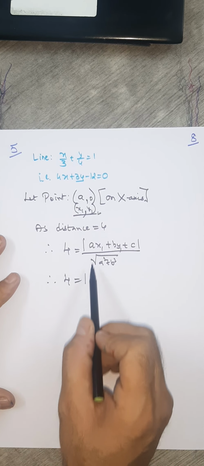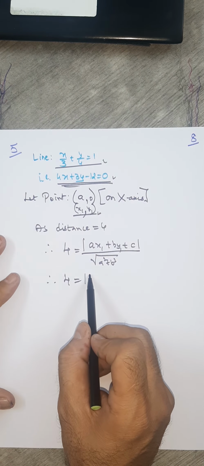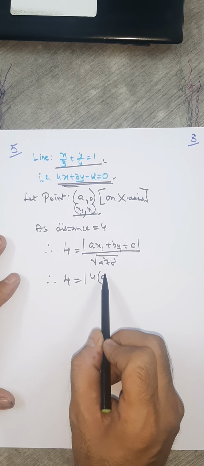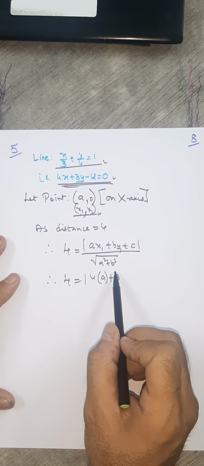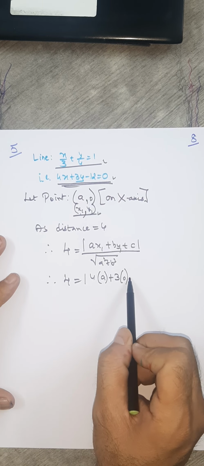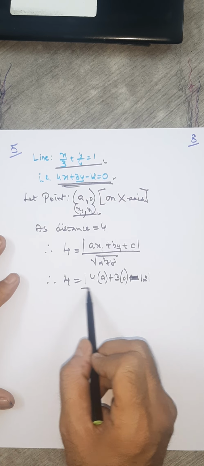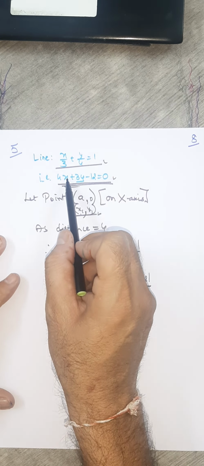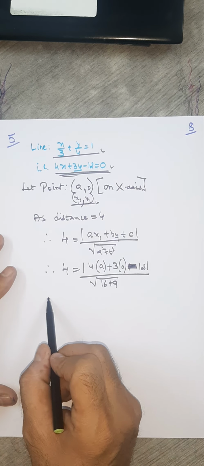So 4 equals, the line is this. It is in this form. I've just taken LCM. I've expressed it in ax plus by plus c form. So 4 into x1, which is a, plus 3 into y1, that is 0, minus 12 here, upon root of a squared plus b squared, which is 16 plus 9. Just in this line, instead of x you wrote a, instead of y you wrote 0.